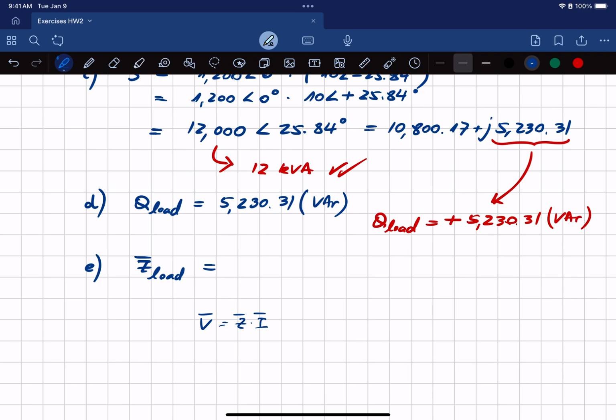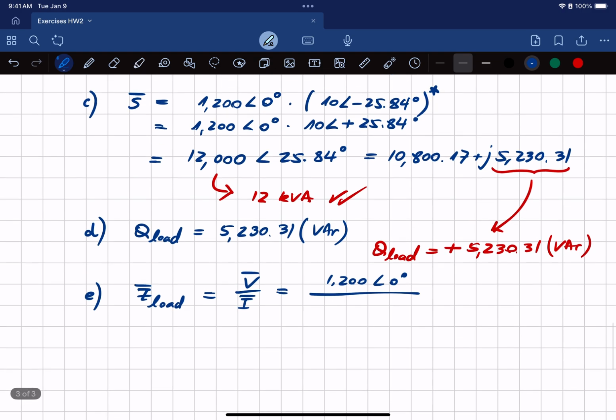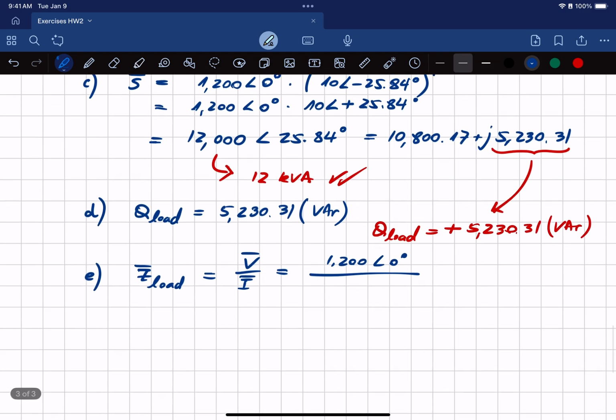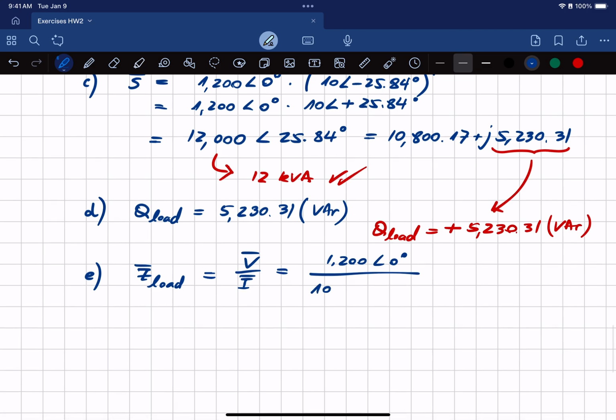So we can rearrange this equation and say it's going to be the voltage at the load divided by the current at the load. That is going to be the impedance at the load. So it would be 1200 angle 0 divided by the current, which we have up there, 10 angle minus 25.84 degrees.